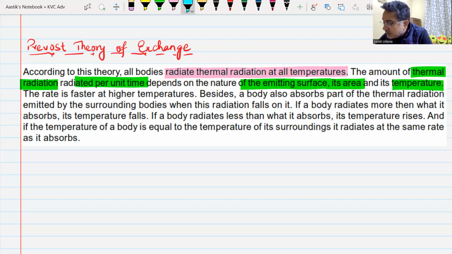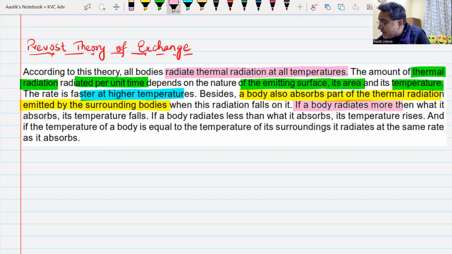Yes, sir. If the body is at a higher temperature, it will radiate more. If the body is at lower temperature, it will radiate less. Yes or no? Yes, sir. Also, a body will absorb part of the thermal radiation emitted by the surrounding bodies. Yes, sir.